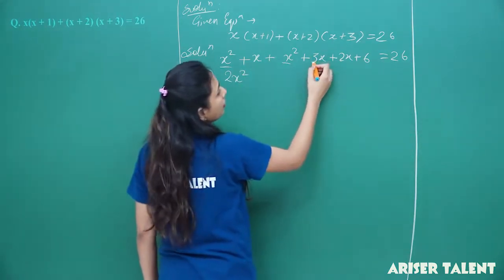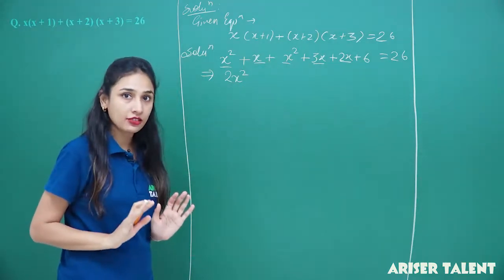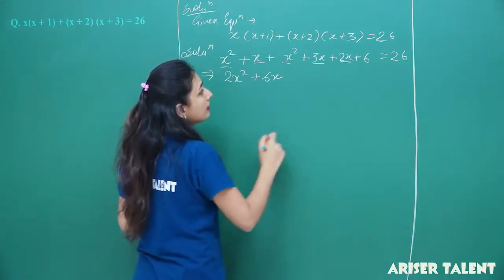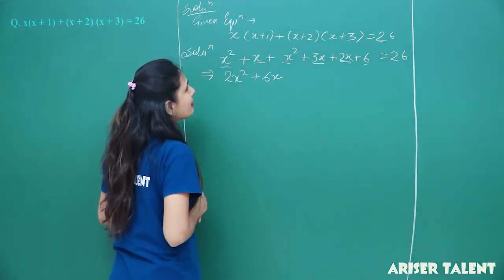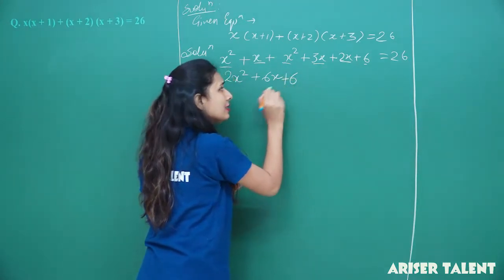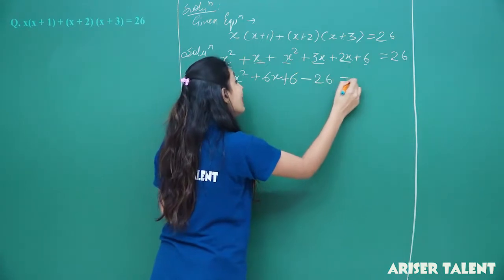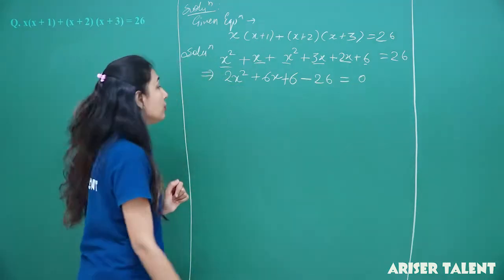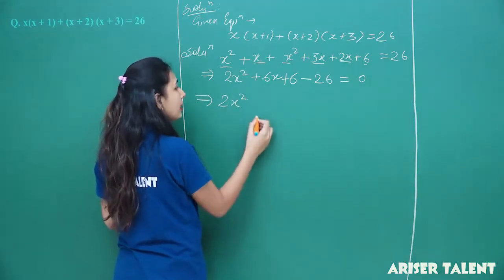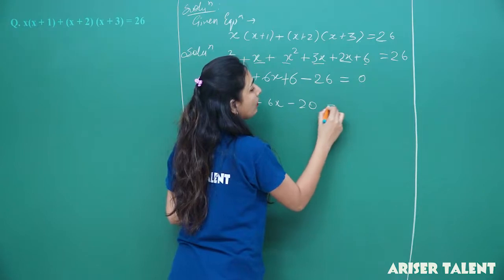Now this is 3, 4, 5 and 6, so can I write 6x? Okay, I am writing 6x. Now this is 6 lonely, so we are writing plus 6 and here minus 26. Now that will give you 2x square plus 6x minus 20 equals 0.